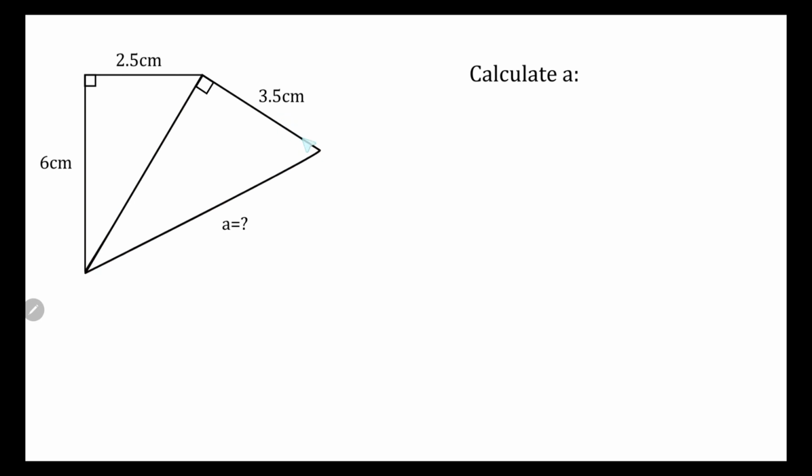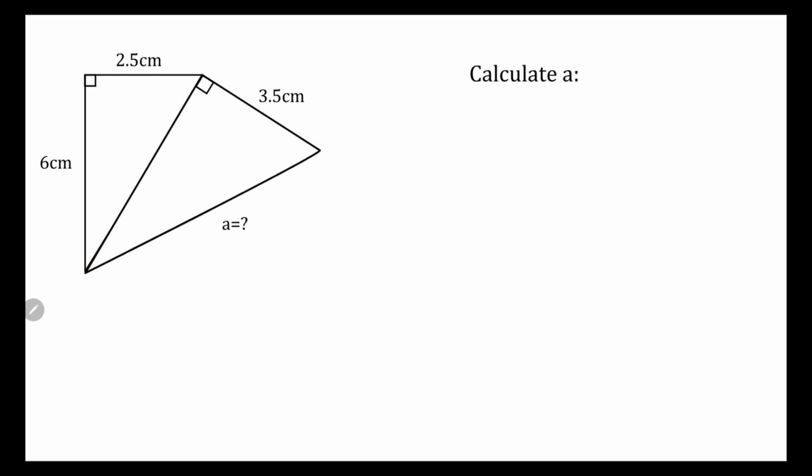And you can see that you have this side length and you want this side length. But to calculate A, the hypotenuse, you would need this side length. So how you would get this side length is you would look at this triangle. And you can see that you have a side and you have the other side. So according to the Pythagorean theorem, you can calculate this hypotenuse.